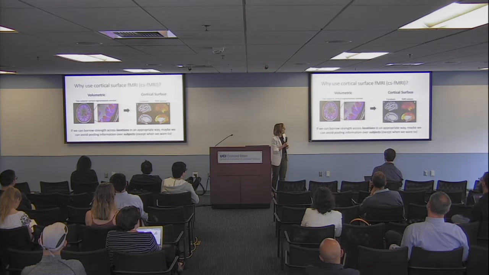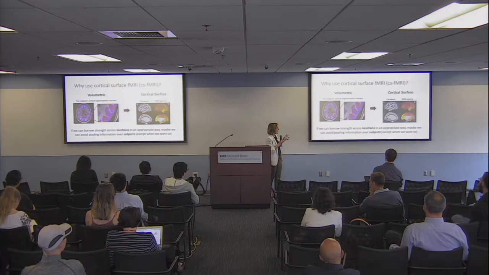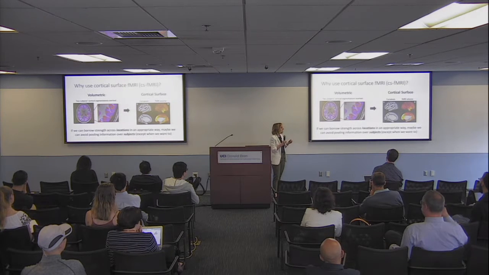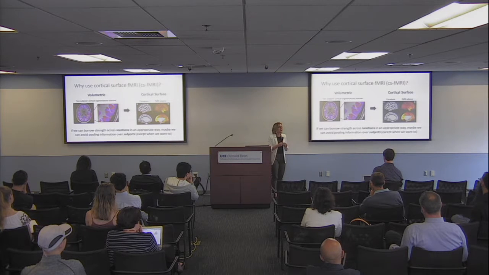Okay, the whole idea, though, about using these distances is that if we can take a Bayesian approach or even a non-Bayesian approach to leverage the strength across locations, we can improve our estimation and we can improve our inference, and maybe we can avoid depending so much on leveraging information across subjects. So we certainly do want to leverage information across subjects when we are able to do so, and perhaps when it's useful for some kind of group analysis.